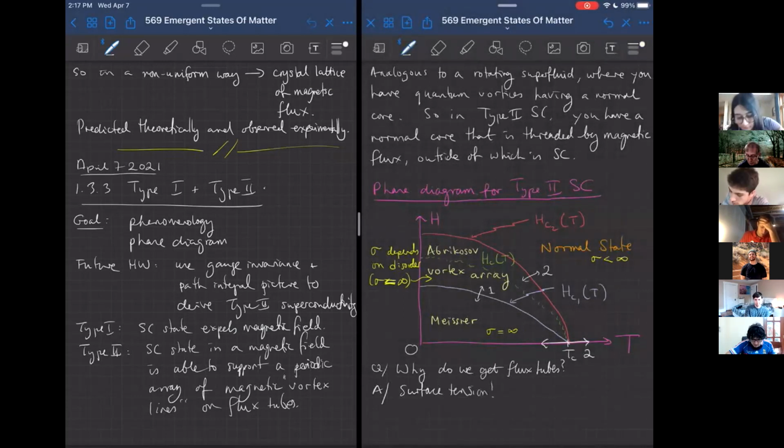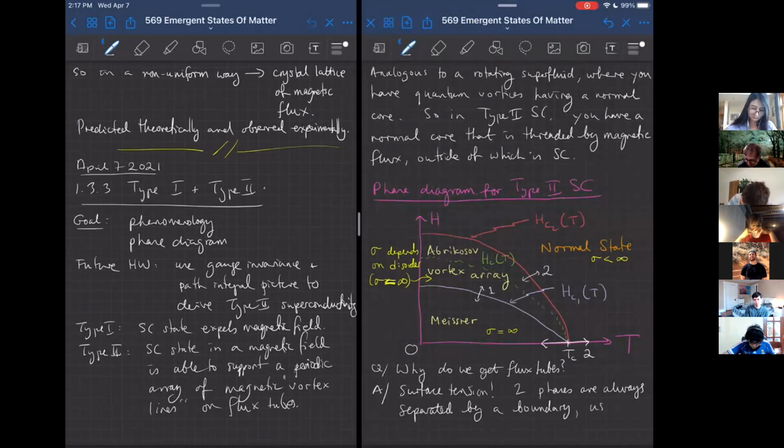If you have two phases, then they are separated by a boundary. Two phases are always separated by a boundary, such as a liquid and a gas, for example. And we're always used to the situation where that boundary is as flat as possible.